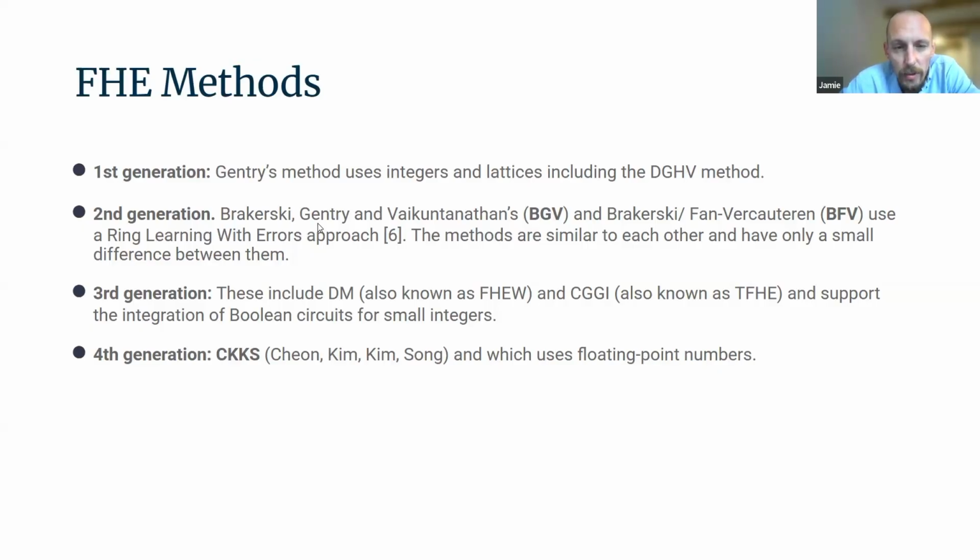There are ways of supporting floating point numbers in the other encryption schemes as well. It just involves additional logic, but natively CKKS supports floating points, and it's also a bootstrapped algorithm as well. There'll be a slide that goes over that, so I'll hold that thought.